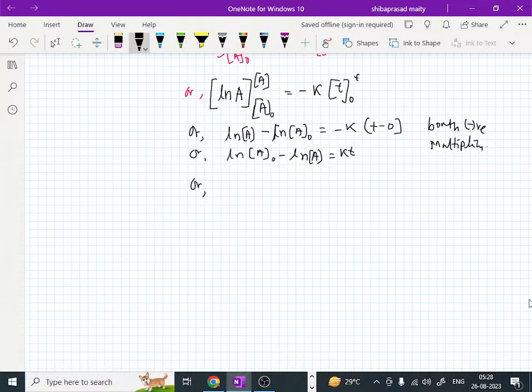This is the final equation. Simplifying, ln of A naught by A equals k t.